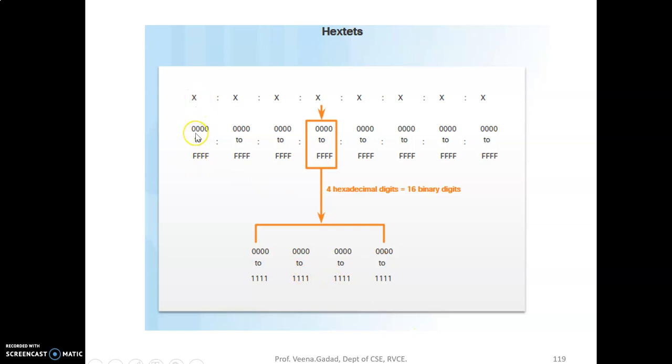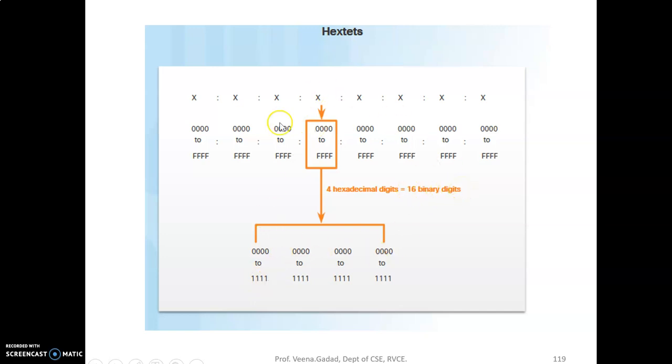Here an x ranges from 0000 to FFFF, which is the maximum value in the hexadecimal number system. Each of these hexadecimal digits ranges from 0000 to 1111, so a total of 16 binary digits.